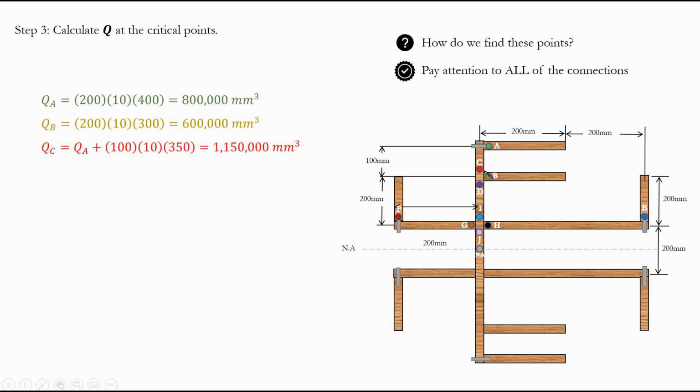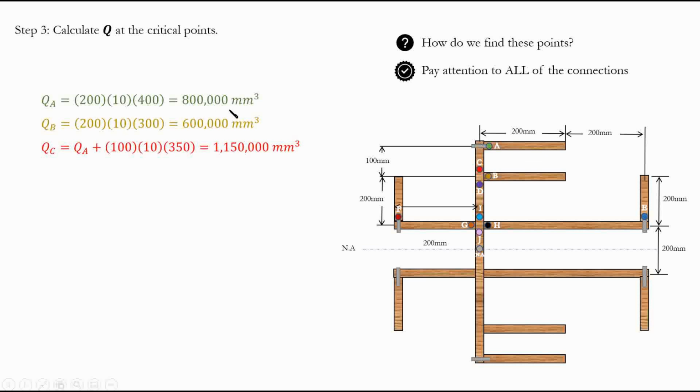Because we know QC is the Q of this segment, right? The Q at point C is whatever area is beyond this point C, right? That's falling off. So this will be this piece plus this piece. But we know this piece, right? This piece is QA. We calculated this before.